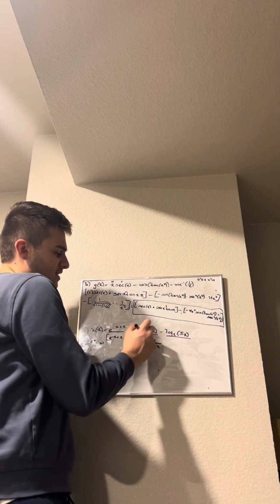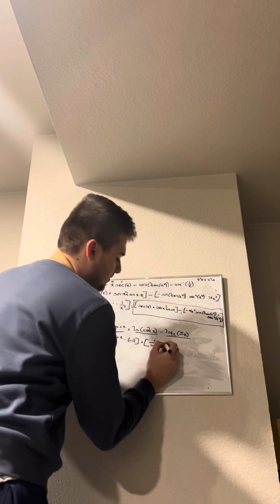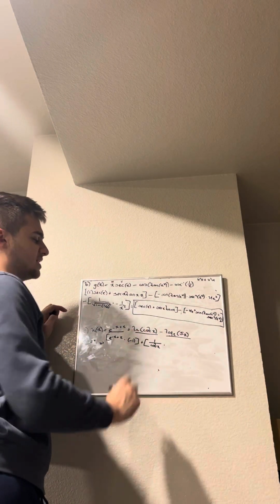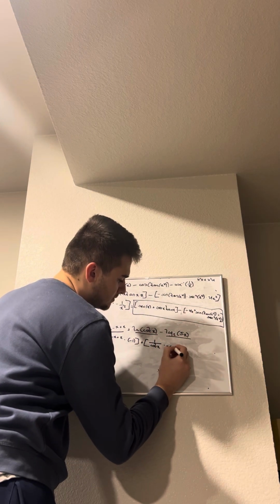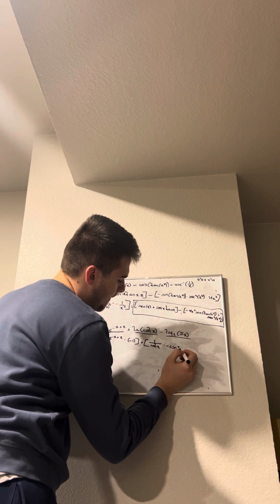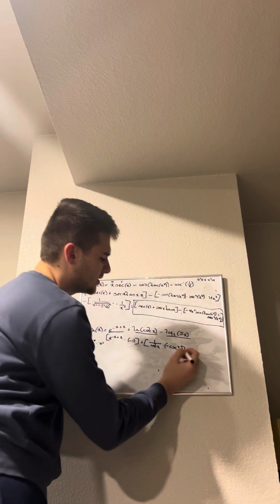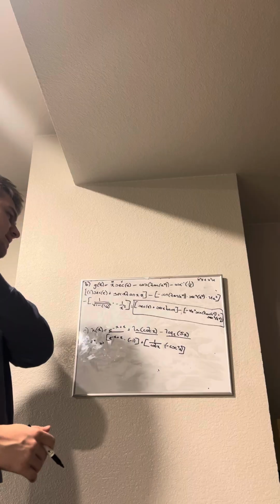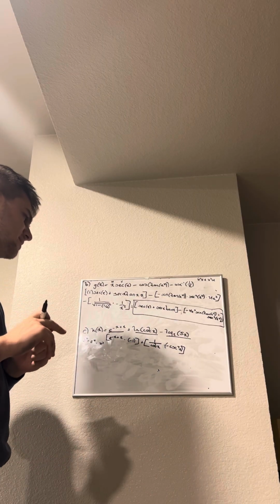But given that this is the chain rule, because we have a trig function inside of the natural log, we would have to multiply by the derivative of cotangent x, which is just negative cosecant squared in this instance. And then you probably want to put some parentheses around it, just to make it easier for you to distinguish where you're at and what kind of terms you're working with.